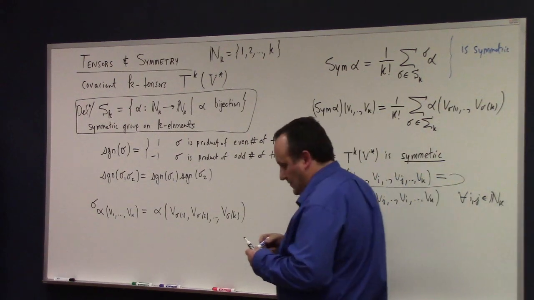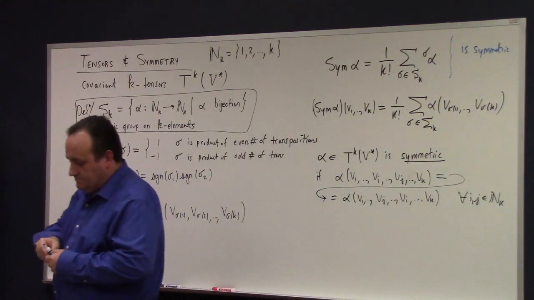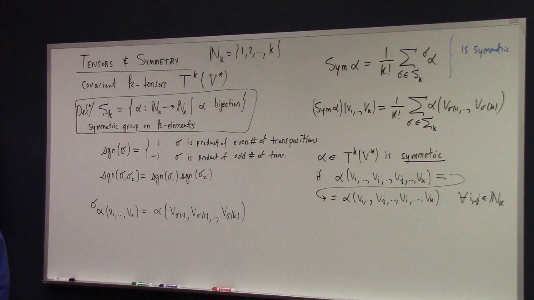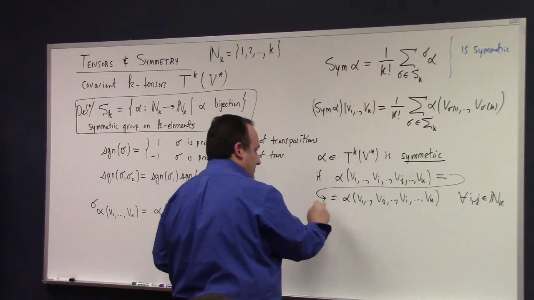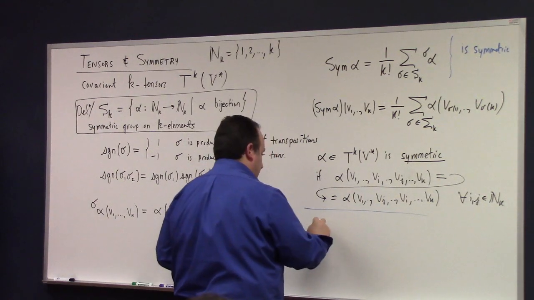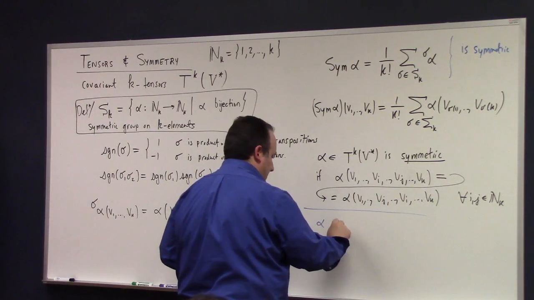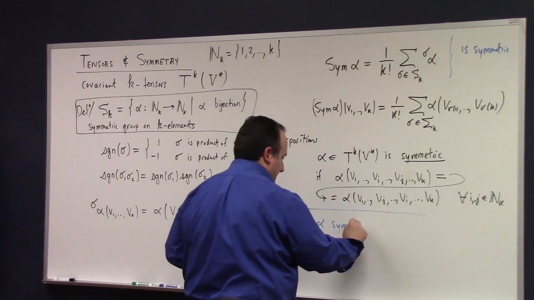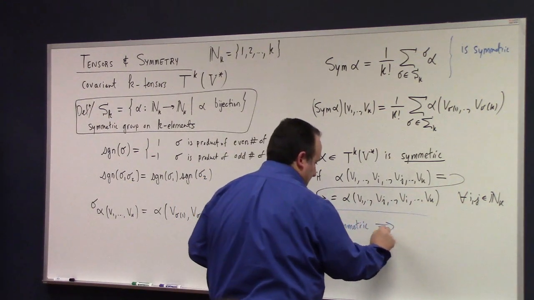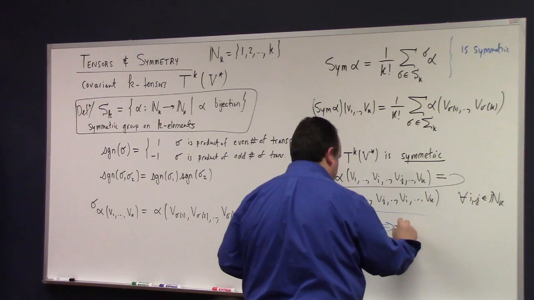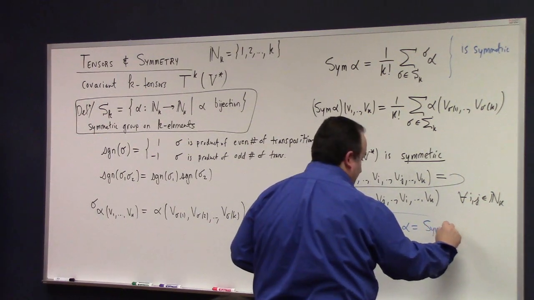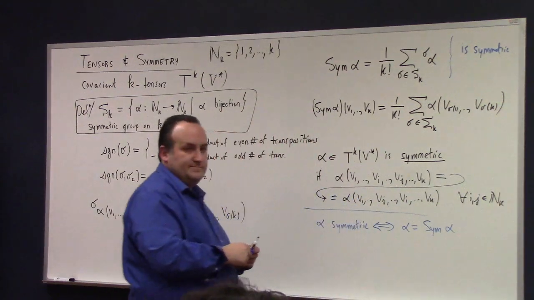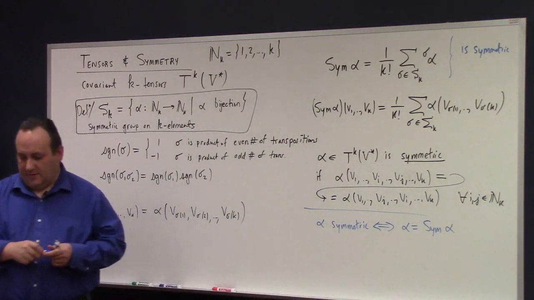And also, more to the point, alpha is symmetric if and only if alpha is equal to the symmetrization of alpha. So that's the other part of the theorem.